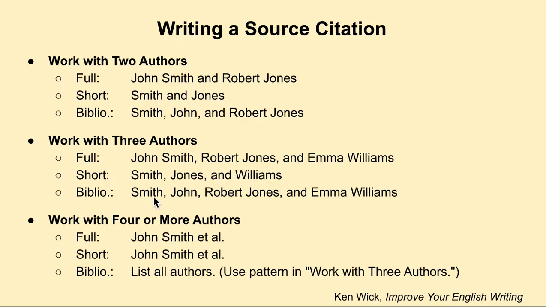So you just write, Smith, Jones, Robert Smith, Emma Williams, comma, and then, right before the last one, you put and. So you use this pattern when you have four or more, you list all the authors and use the pattern like in three or more authors.